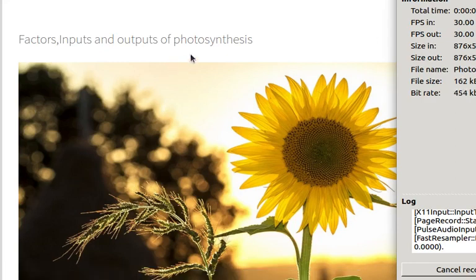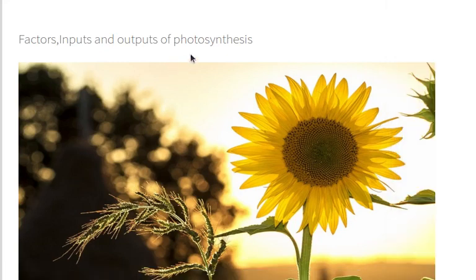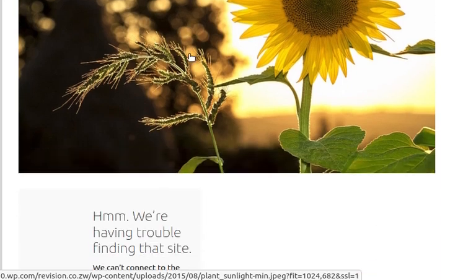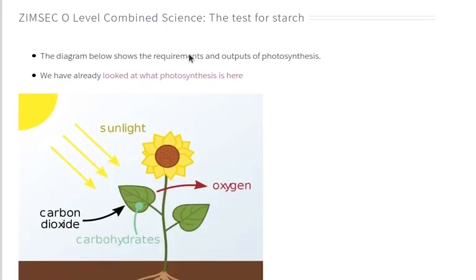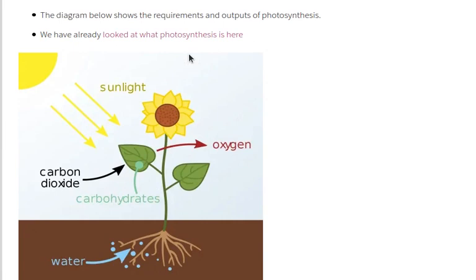Okay, so now let's get to the part where we talk about the factors, the inputs and the outputs of photosynthesis. The first bit is looking at the summary of what we talked about in our prior lesson about photosynthesis.